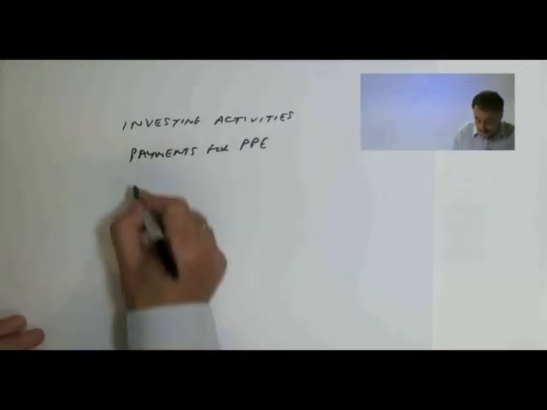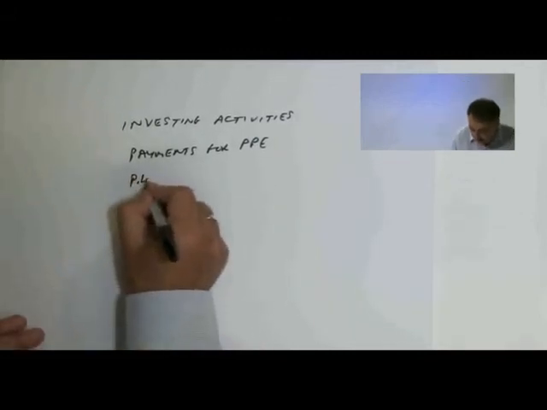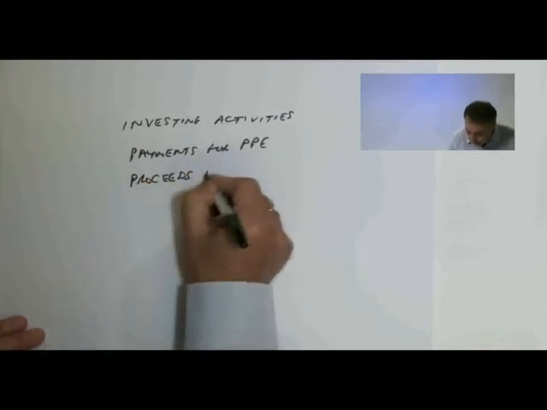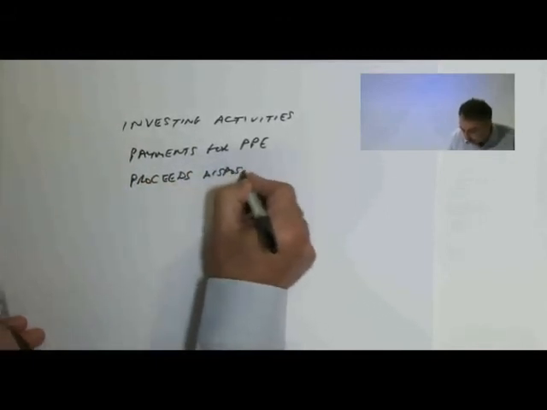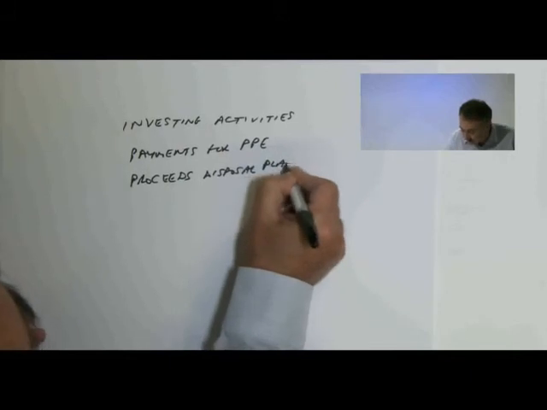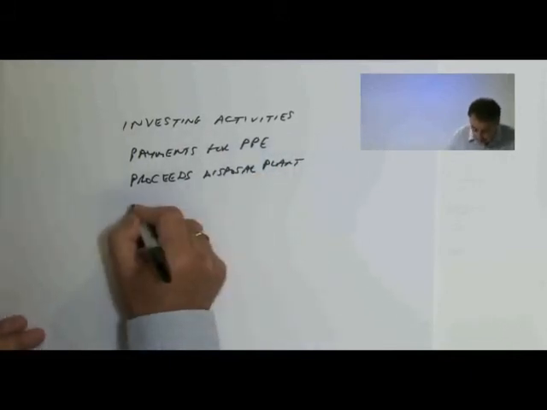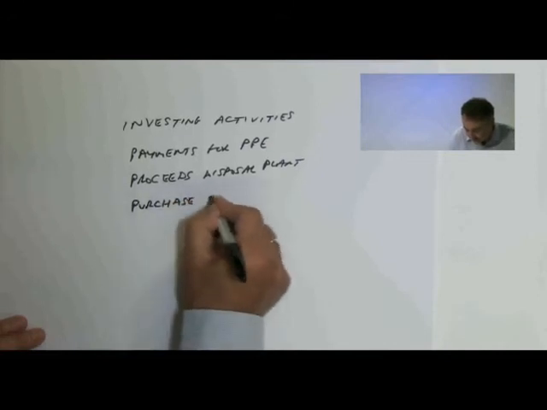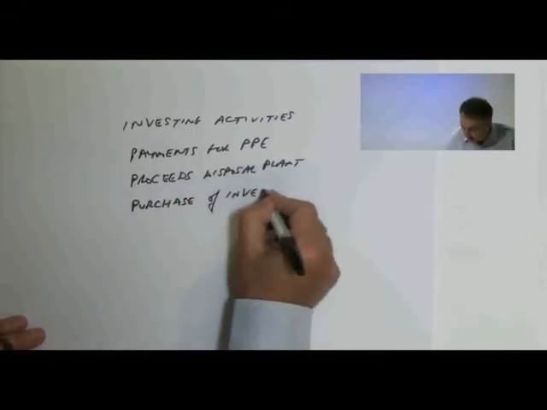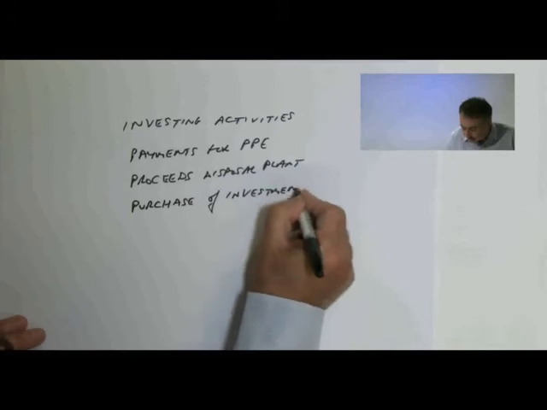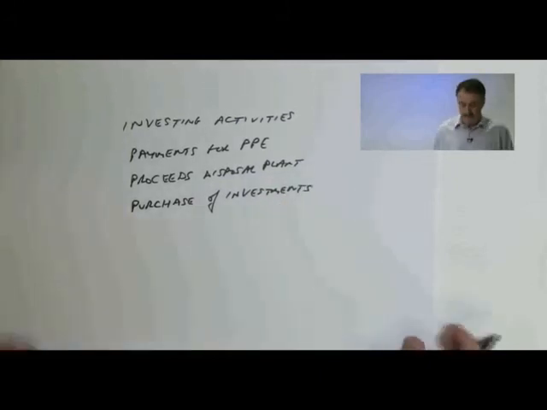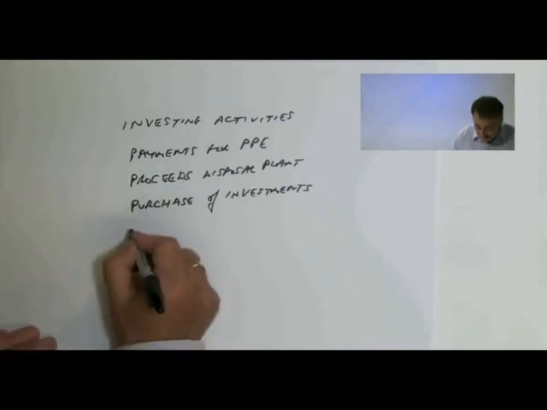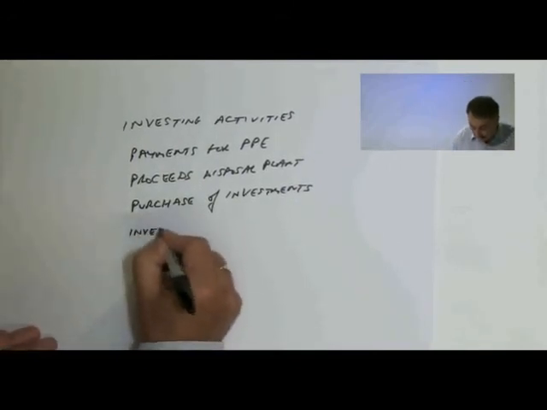We may also have proceeds on disposal of plant. In some questions, there could be a purchase of investments. In relation to investing activities, we could put in here investment income received.